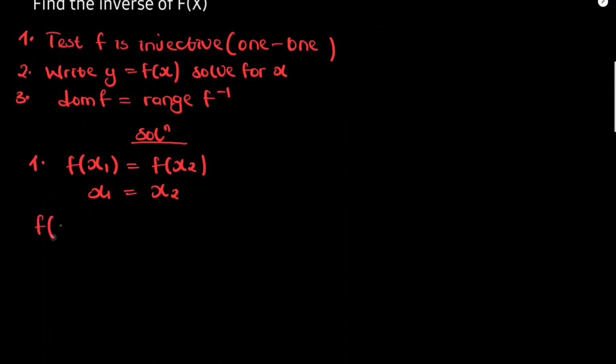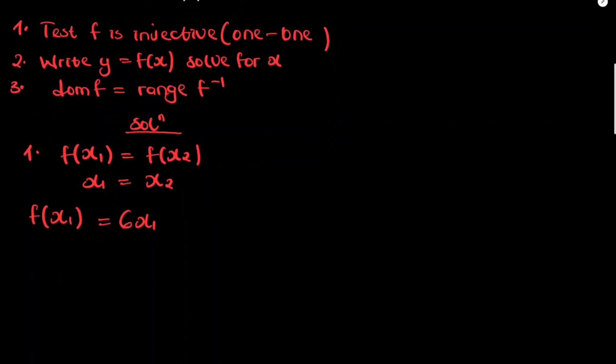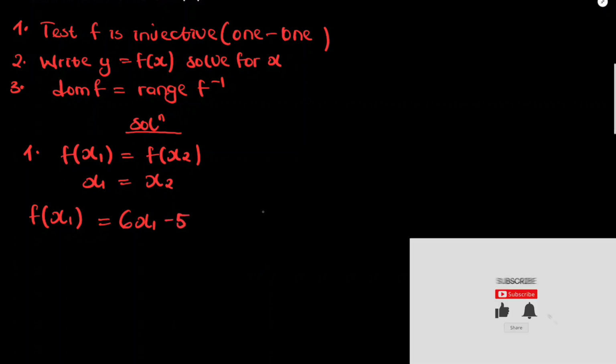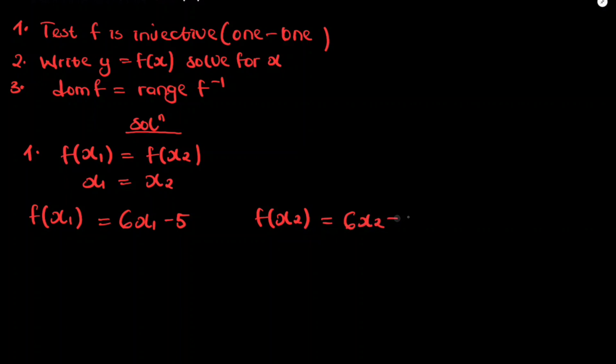Firstly, let's find f of x1. It is simply 6x1 minus 5. And f of x2 is simply 6x2 minus 5. We need to equate these two and see if we end up with x1 equal to x2.